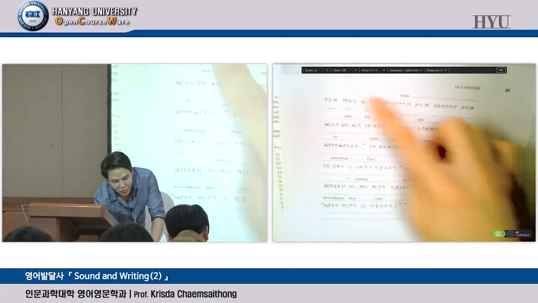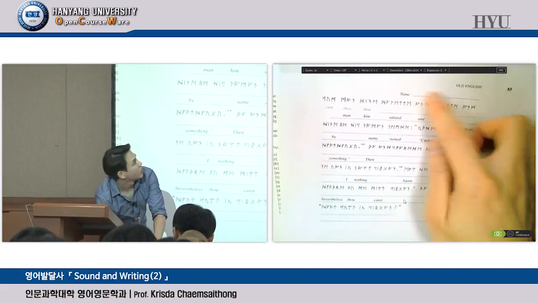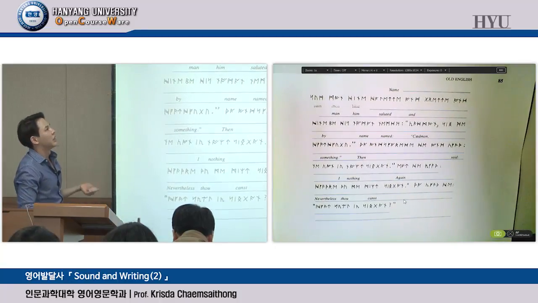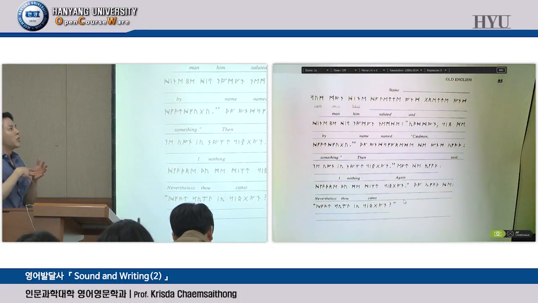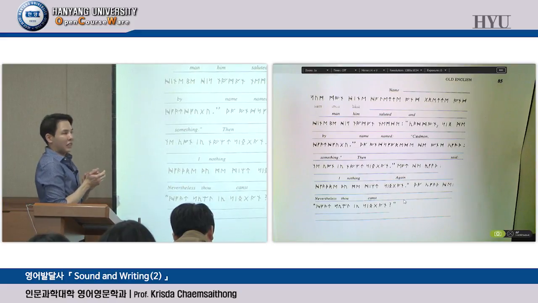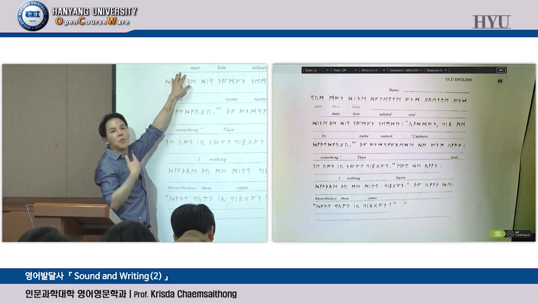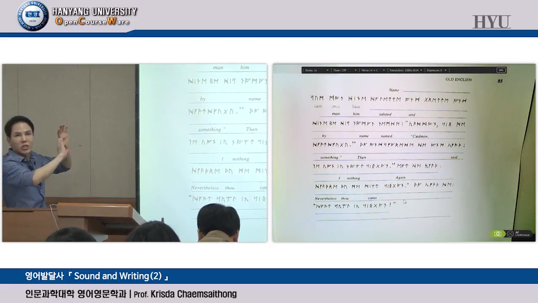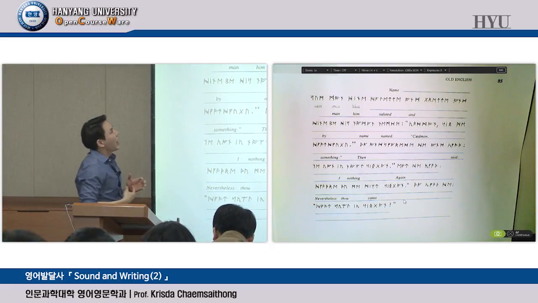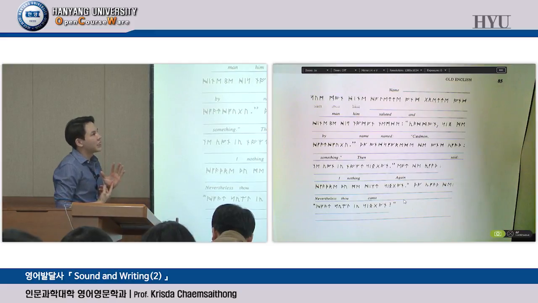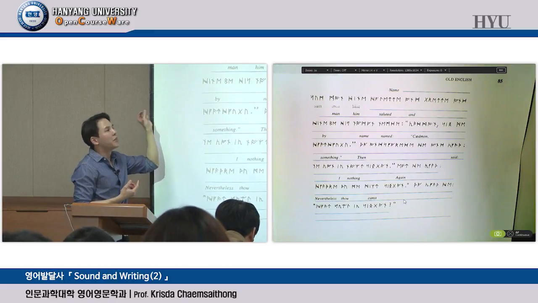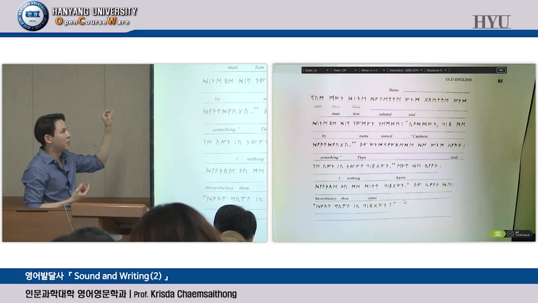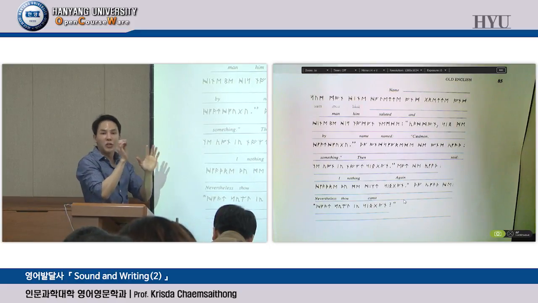The first line is the runic word. And the second line is the Old English words, which you haven't studied yet. And the third line, that's the modern English for each verse, right? Now, what you're supposed to do here is to match the runic letter, the runic symbol, to the sound, and you'll get the word.